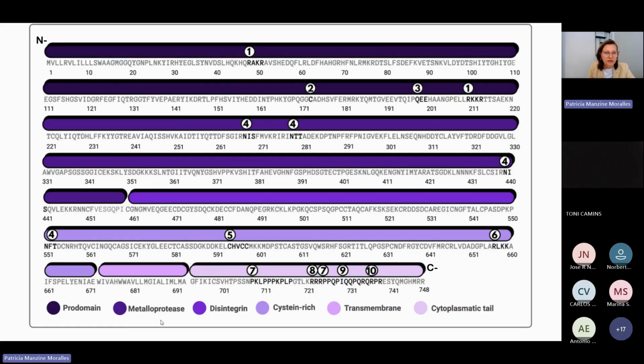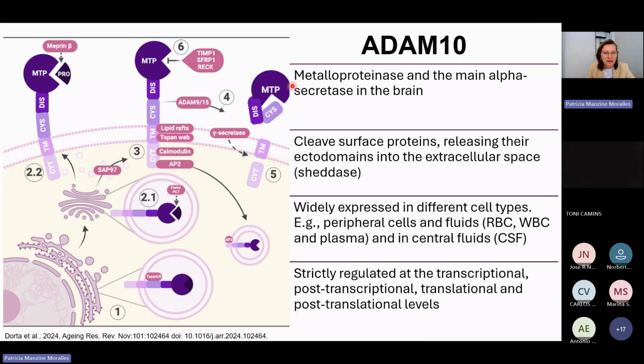In general, this is the secretory route of ADAM10 until the plasma membrane. It's a metalloproteinase and the main alpha secretase observed in brain. It also can cleave surface proteins, releasing their ectodomains into extracellular space, so it works as a sheddase.